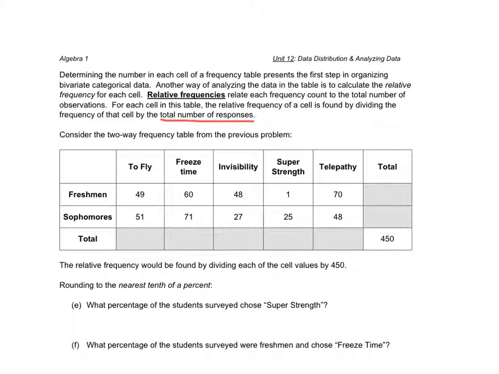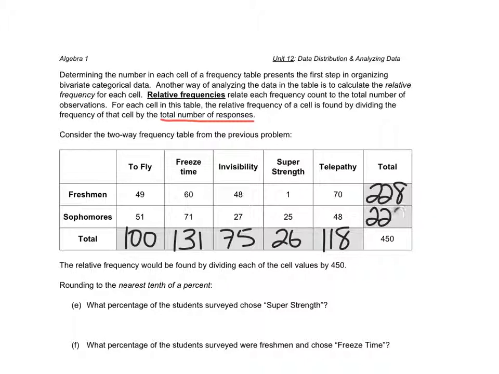All right, can somebody just read off to me the numbers that we came up with? It's the same. 100, 131, 75, 118, and then we had 228 and 222. All right, so it turns out in this case we didn't actually necessarily need all of these values, but we figured them out, so we might as well take them.